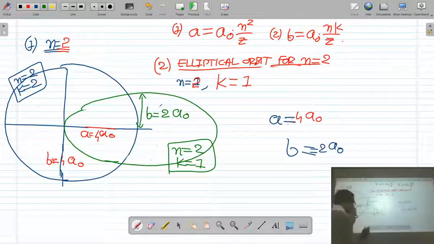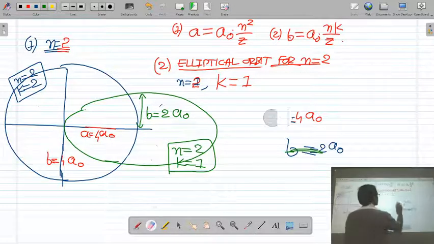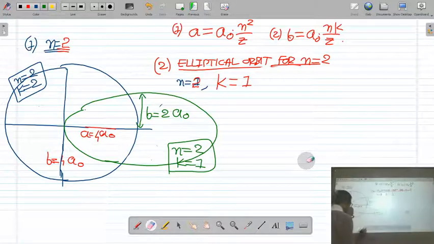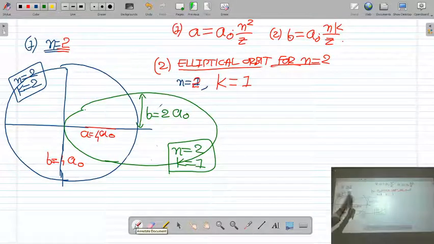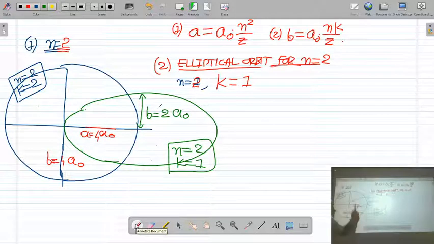So I write the conclusion. For n is equal to 2, k is equal to 2, we get a circular orbit of radius 4a0. For n is equal to 2, k is equal to 1, we have an elliptical orbit of semi-major axis 4a0 and semi-minor axis 2a0.